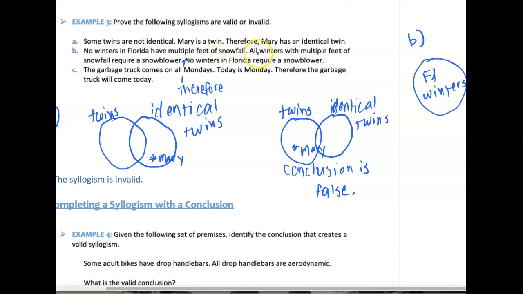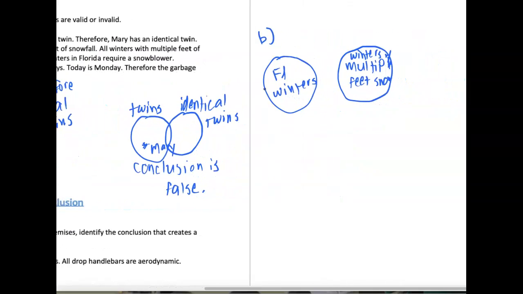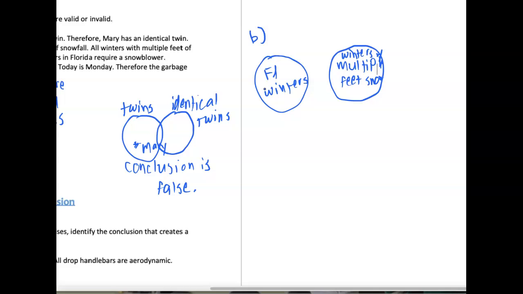So now let's make your second statement true as well. All winters with multiple feet of snowfall require a snowblower. That is also a premise, so that also has to be true in my picture. So all winters with multiple feet of snowfall, let's say they require a snowblower.